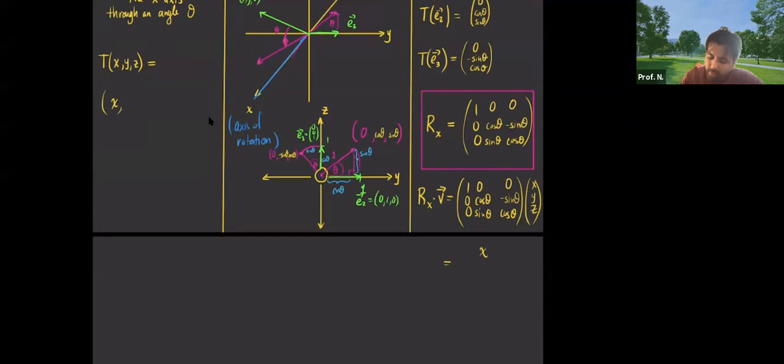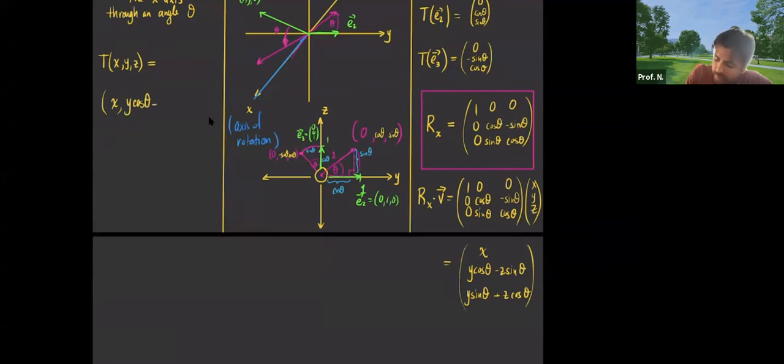Then the y coordinate would be y cosine theta minus z sine theta. And then the z coordinate would be y sine theta plus z cosine theta. So that would be the coordinates of the image of my vector.